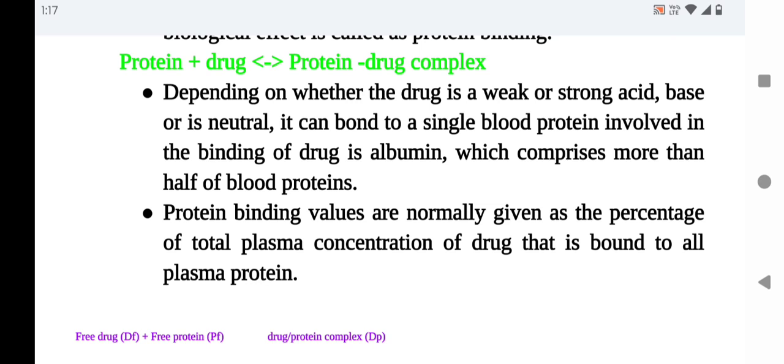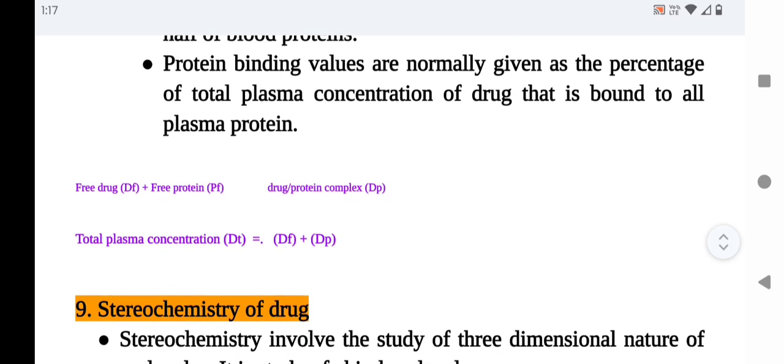Protein binding values are normally given as the percentage of total plasma concentration of drug that is bound to all plasma proteins. Free drug plus free protein is equal to drug protein complex DP. Df plus Dpf is equal to Dp. Total plasma concentration Dt is equal to Df plus Dp.